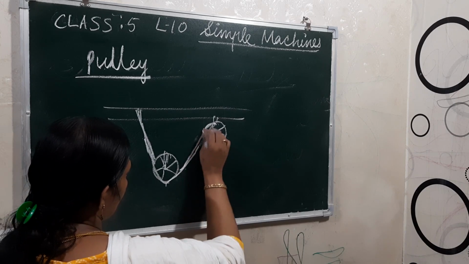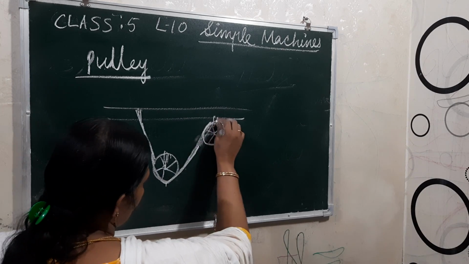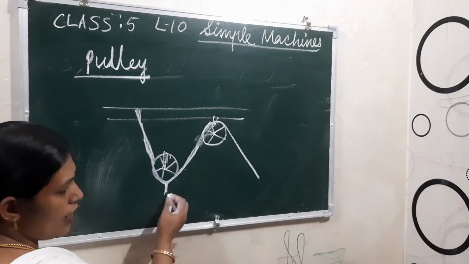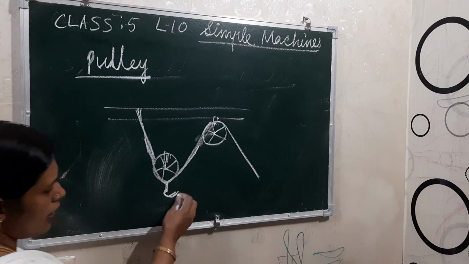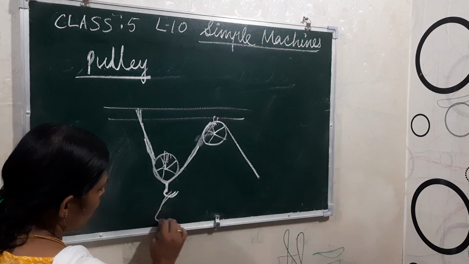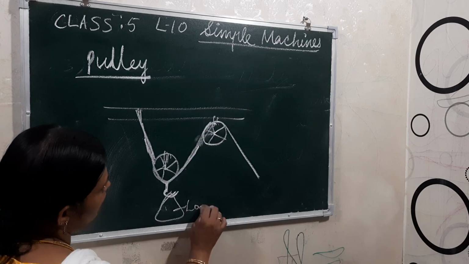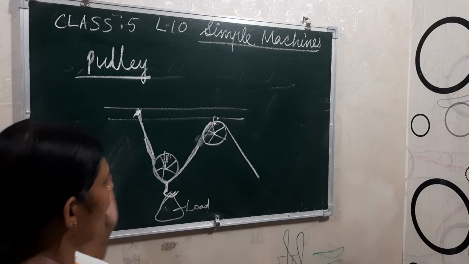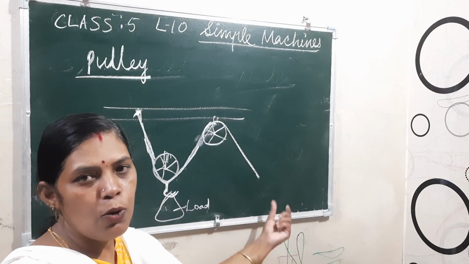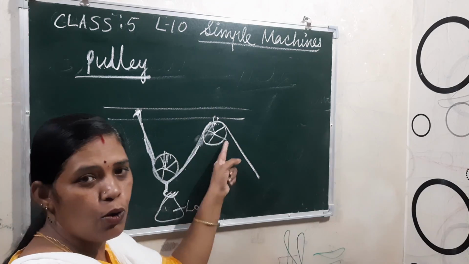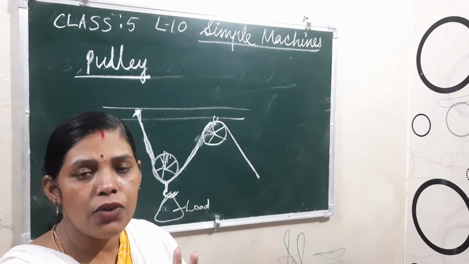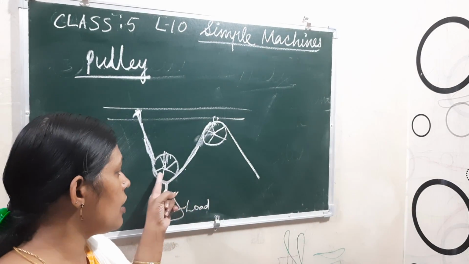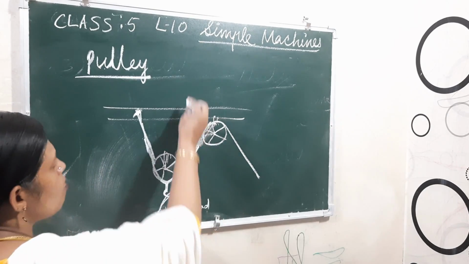It moves up to here, then from here again it drops, and there will be a hook where they keep the load, the heavy load, and we pull through this. So if it is fixed here and we pull the rope through both wheels, that means a combination of 2 or 3 simple pulleys is used. This is the complex, the movable pulley.